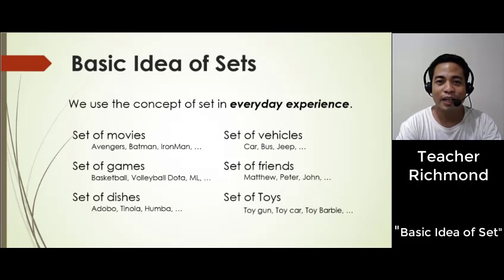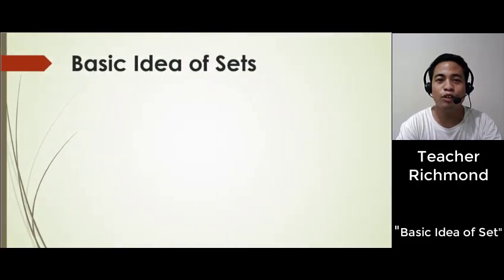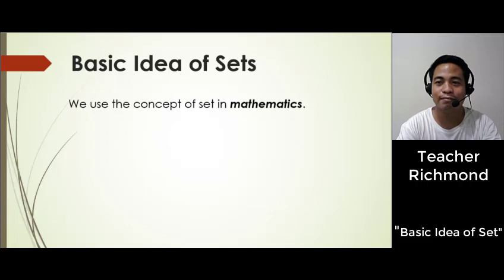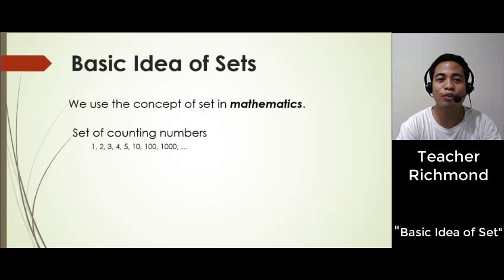Okay, but I want to share with you also that we use the concept of set in mathematics. Example, we have the set of counting numbers. Counting numbers means numbers that don't have a decimal point or a negative sign, like for example 1, 2, 3.